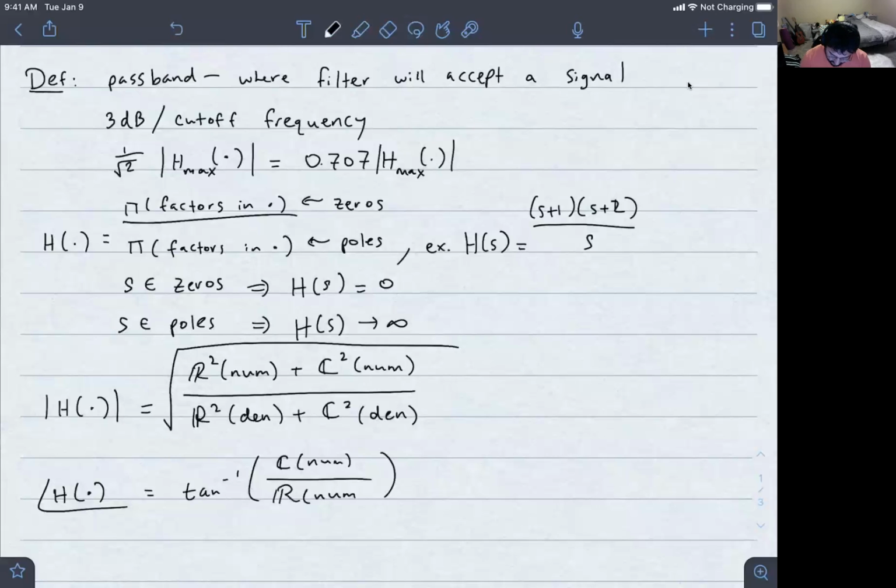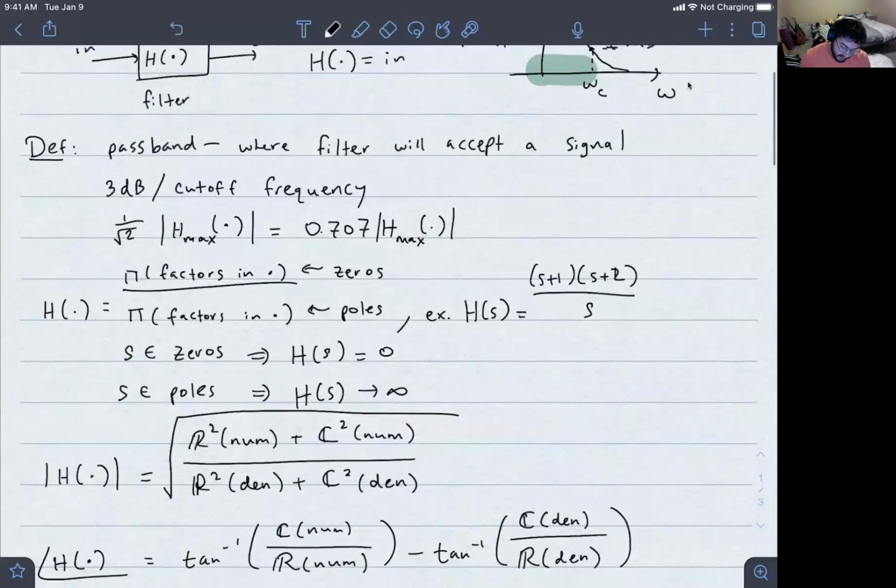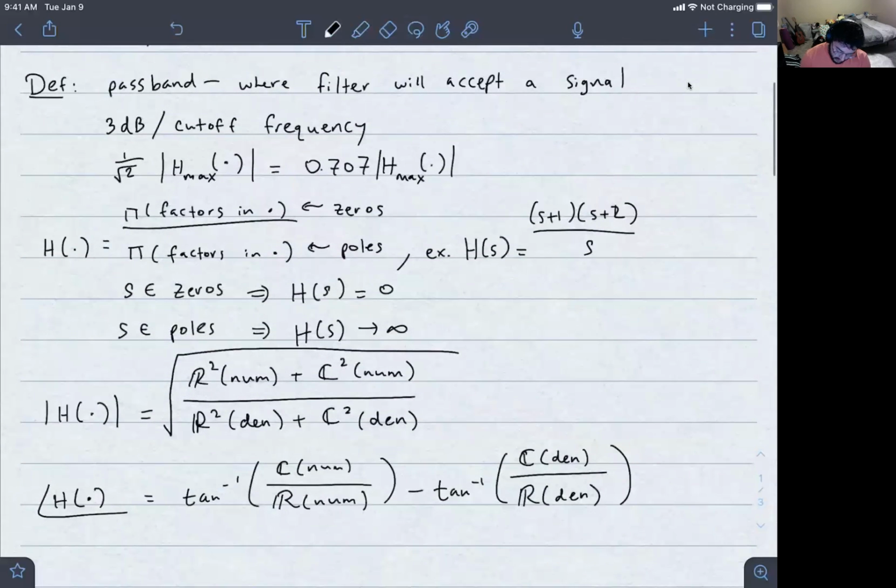Tangent inverse of that minus the tangent inverse of the complex part of the denominator divided by the real part of the denominator. That is how you will be able to find the magnitude and the angle of your transfer function.